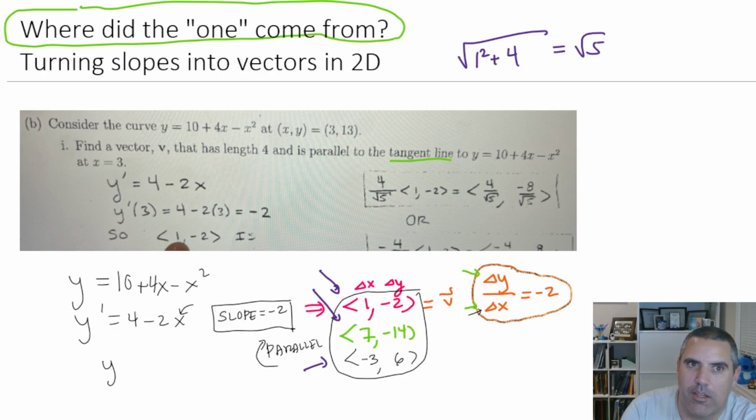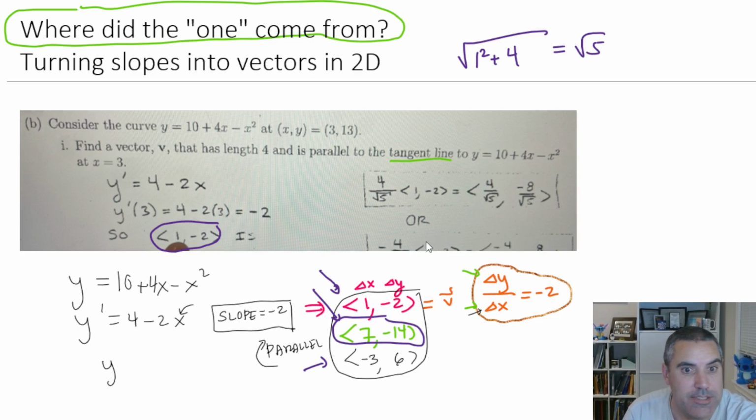There's a cleaner way, and it doesn't matter which vector you start with to rescale your vector. That's what you're seeing in the solutions. I chose to just use this one. If you instead choose to use this one, that's perfectly fine. Turns out you're going to get the same answer as me, because when you rescale, you divide by the length, and when you divide by the length, it'll cancel out any decision you made, so to speak.